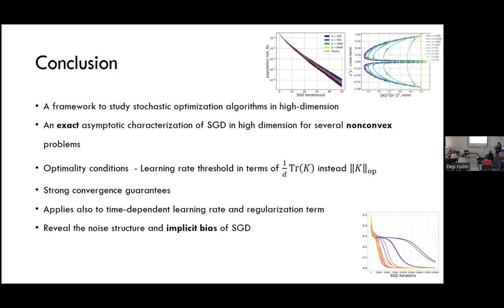And you can actually see in the particular examples that we provide that, because we can now know exactly the structure of the noise, we can show that indeed SGD will converge to a solution that has a lower norm.